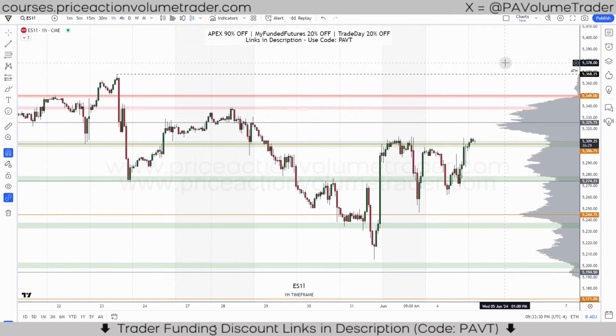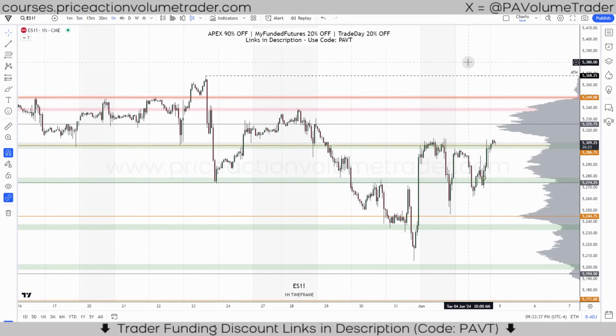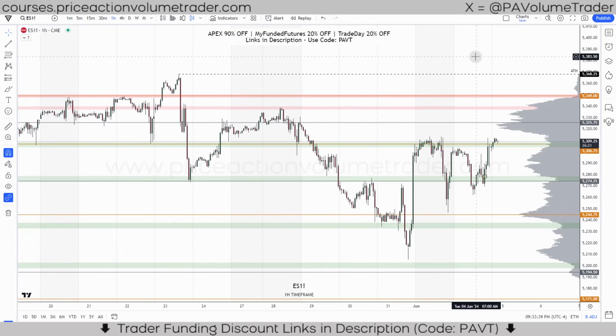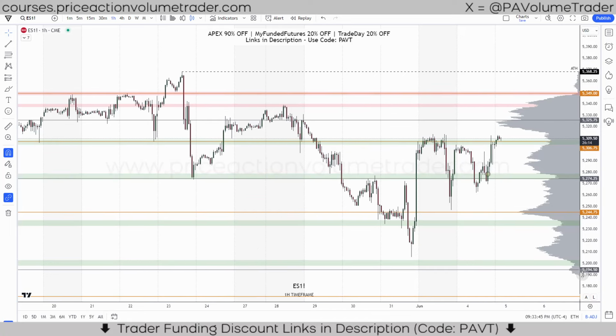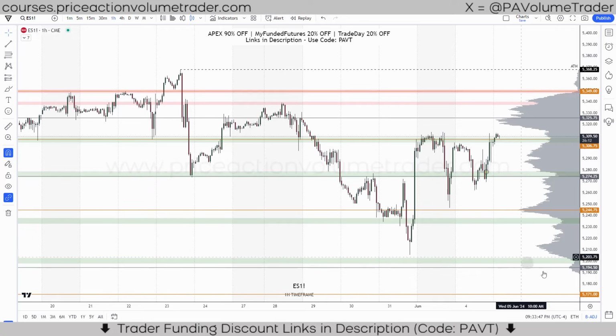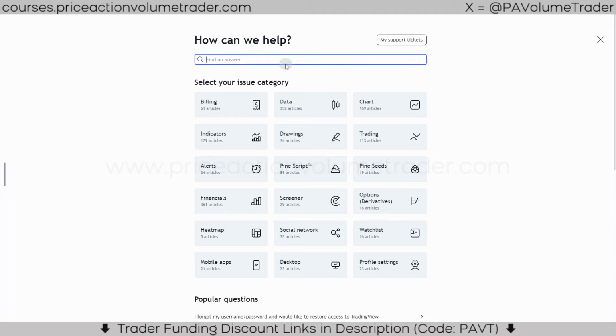But TradingView doesn't have real-time tick data like other platforms like Sierra Chart, Ninja, etc. have. So they do have their own method they use to calculate all these indicators. And if you go to the bottom right, underneath over here, there's a little tab called Help Center.